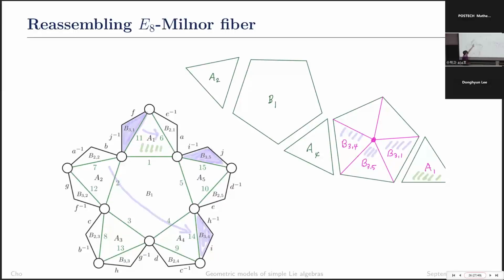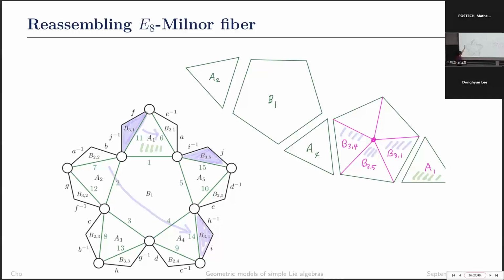So there are 3 triangles and there's a pentagon. And these small pieces actually glue together to form another 2 pentagons. So B23, B24, B25, B21, B22 move to a pentagon, and B33, B34, B35, these pieces form a pentagon too.